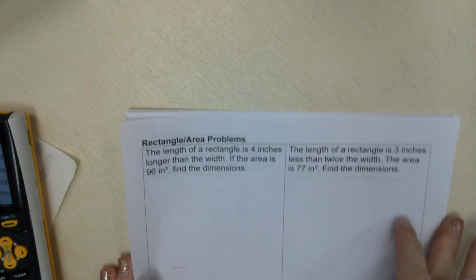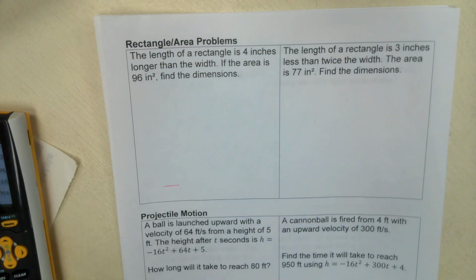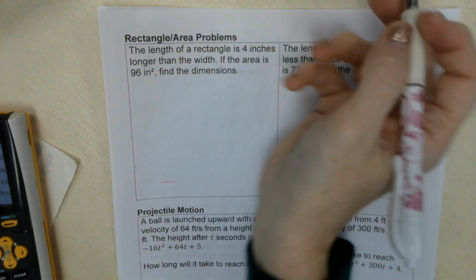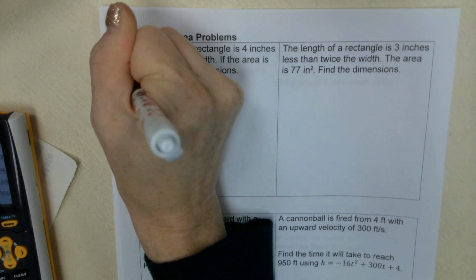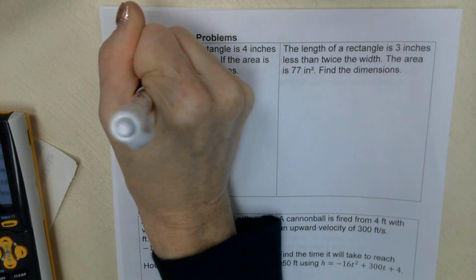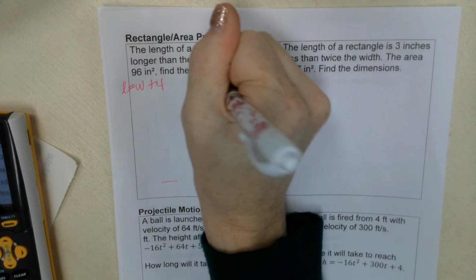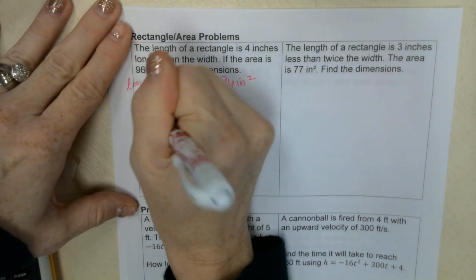All right, here we go. Rectangle area problems. It says the length of a rectangle is 4 inches longer than the width. So if I know the width, I know that the length is 4 inches longer than that. If the area is 96 inches squared, find the dimensions.